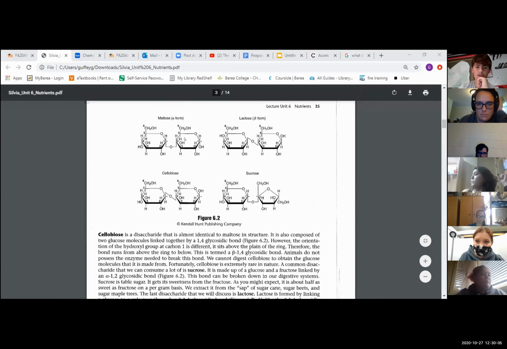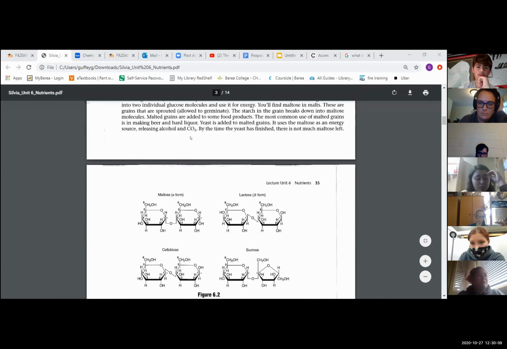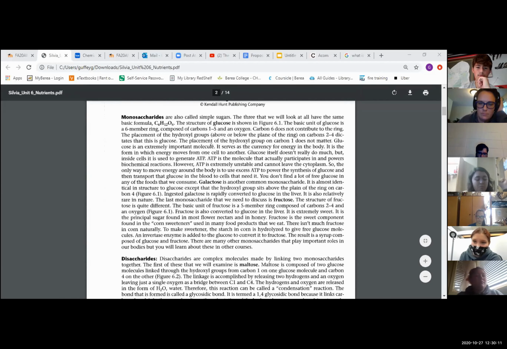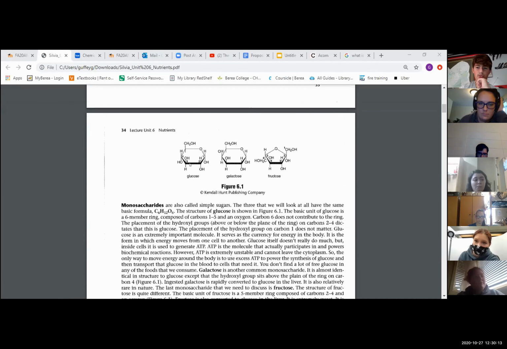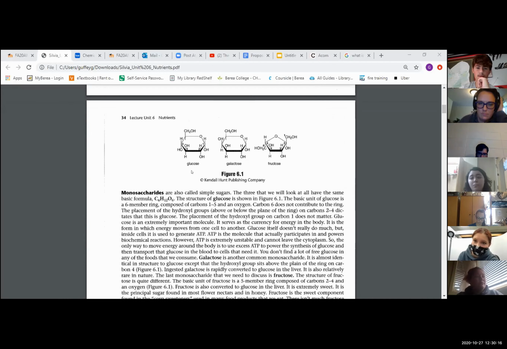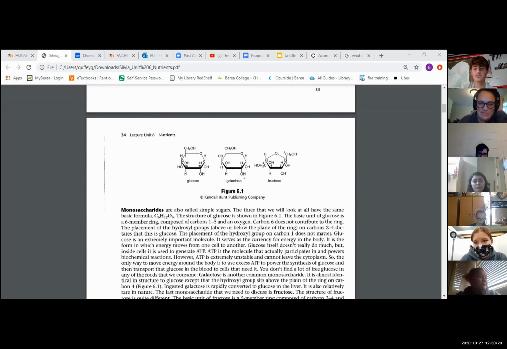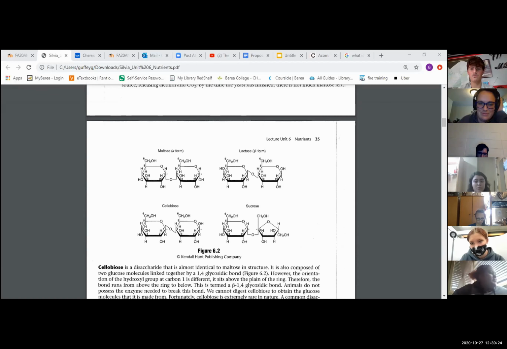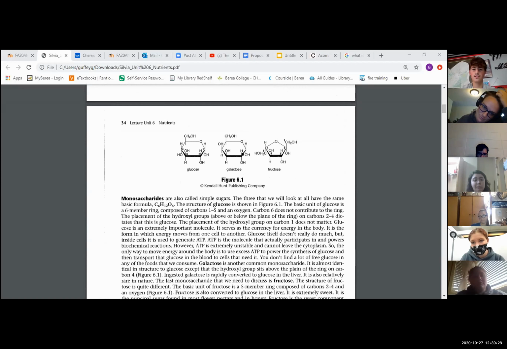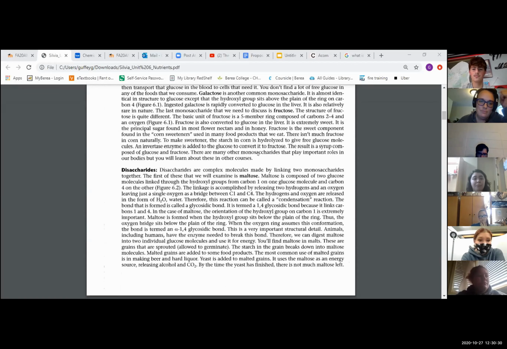Maltose is an example of something that is attached by two of these molecules right here, the glucose. I think, hold on. No, it's attached by two different galactose molecules. So that's kind of like one of those more complex carbohydrates, whereas these are simple carbohydrates.